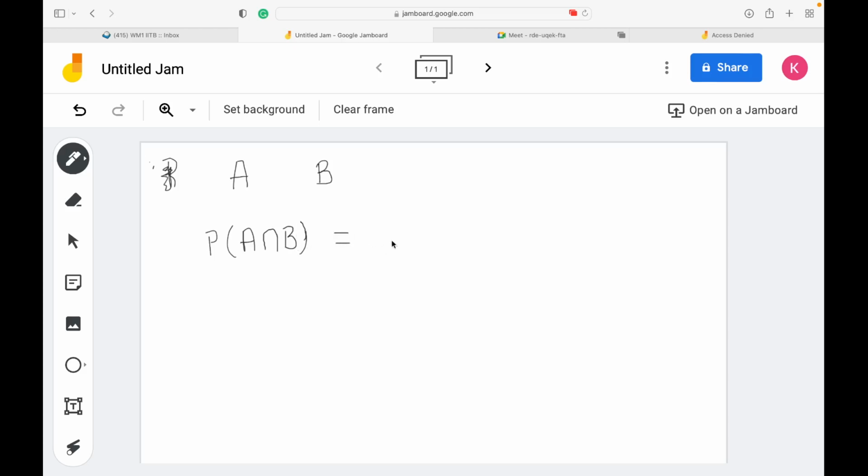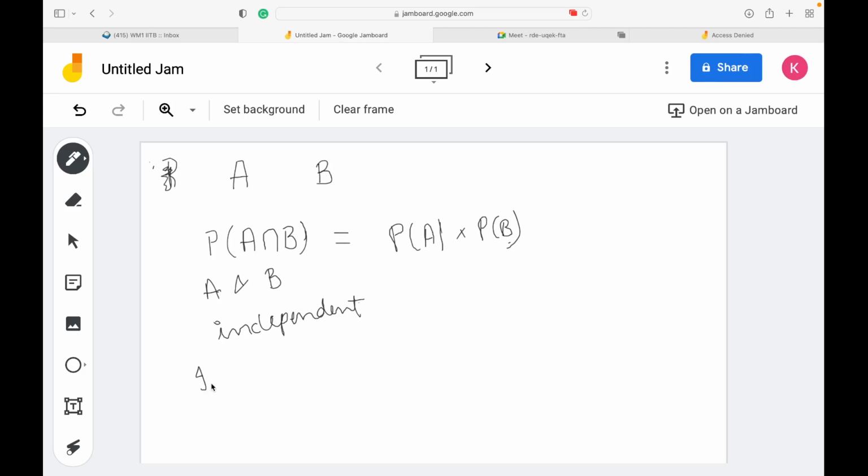If these events are independent, if A and B are independent, this will be given by PA multiplied by PB.